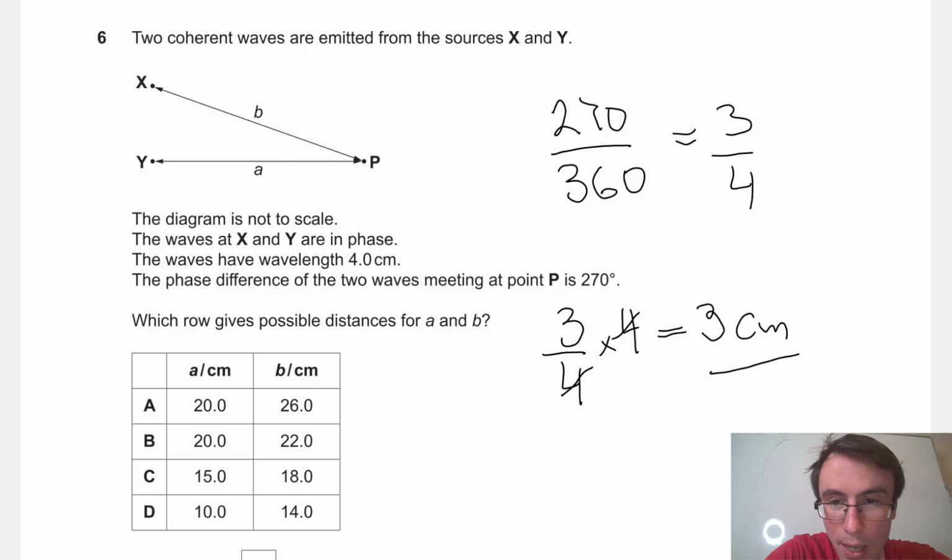Now this has to be the difference between the two waves, and out of those the only two options that I see that differ by that amount is option C, so I'm going to go for this as the correct answer.